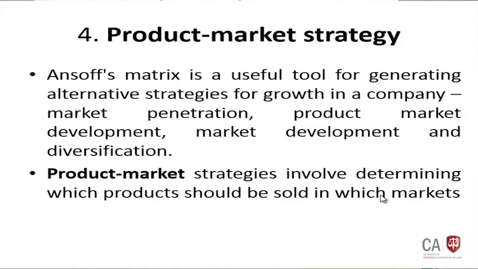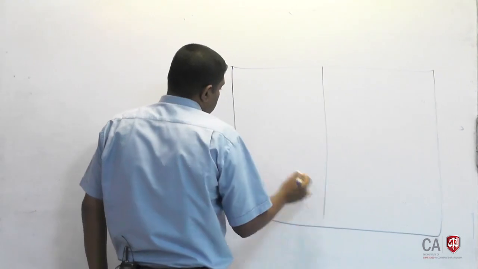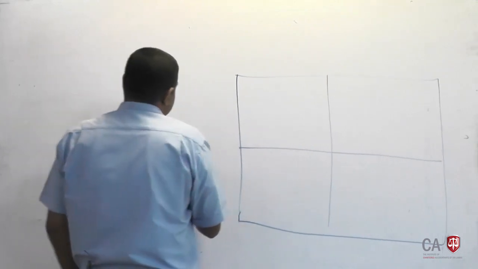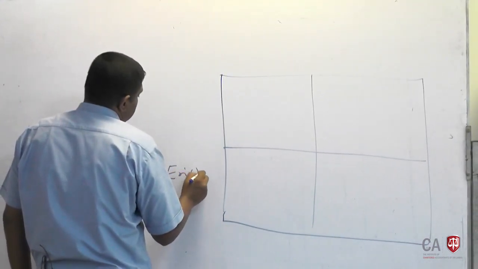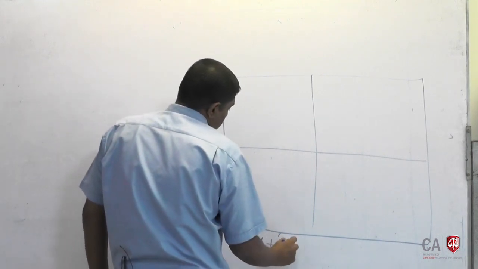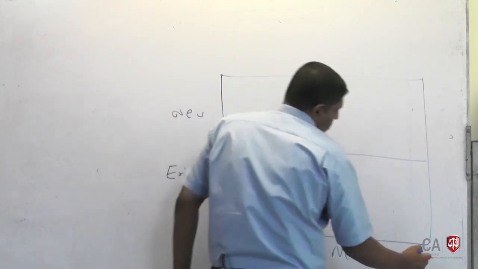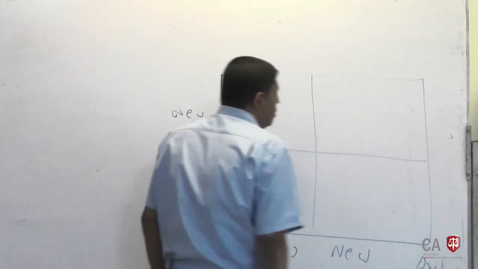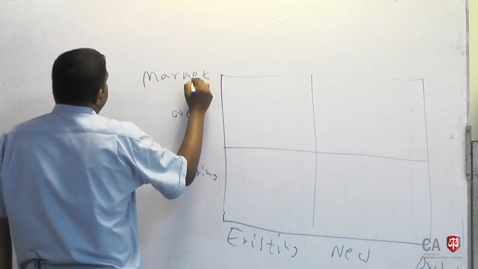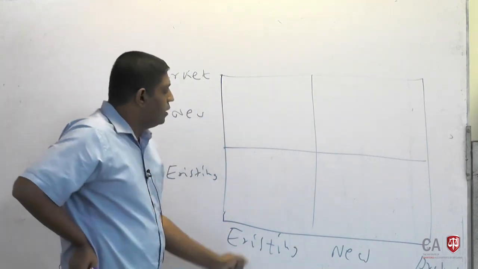We look at the model. If you look at the products, a product can be an existing one or a new one.